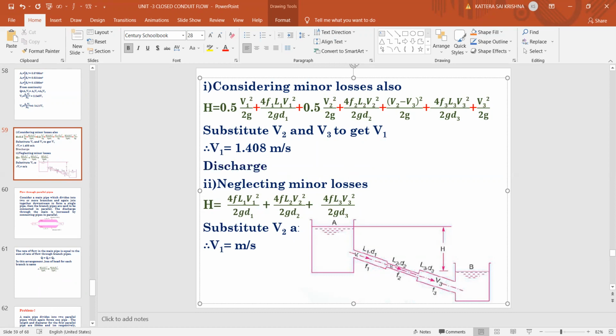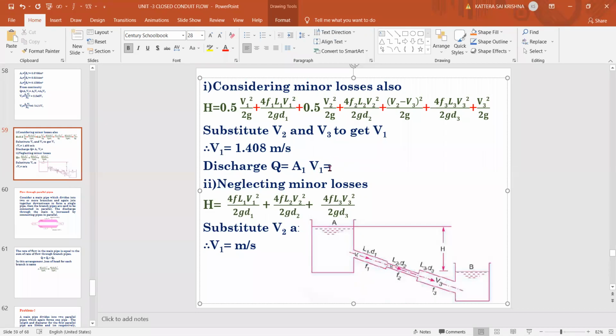Discharge Q is equal to, since we have V1, we can use A1 V1. So substitute the values here. You get discharge.